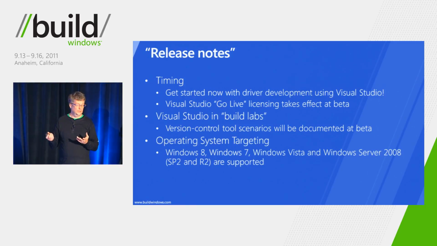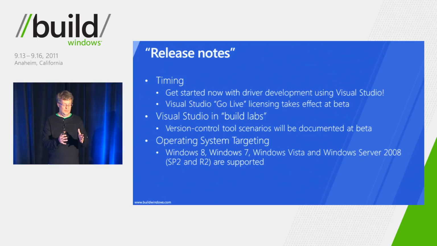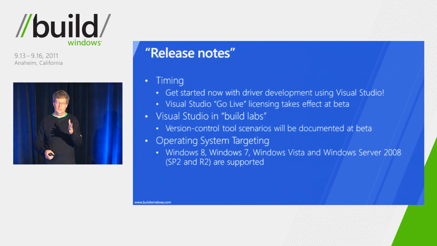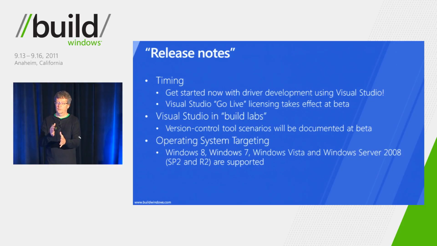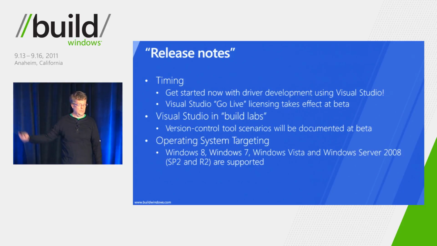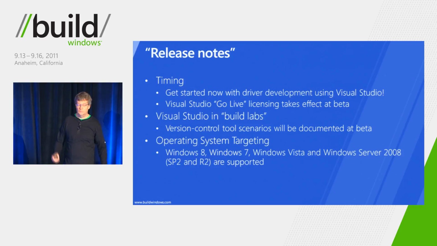Visual Studio has this thing called Go Live licensing, which is in place to address a historical mismatch between: I've got a kit, I'm trying to build a driver, my license agreement doesn't exactly let me build a driver yet, but I have to build it now to get it ready for when the operating system ships. So that's being addressed here by this concept of Go Live licensing. There's more detail about that available on the Hardware Developer Center.